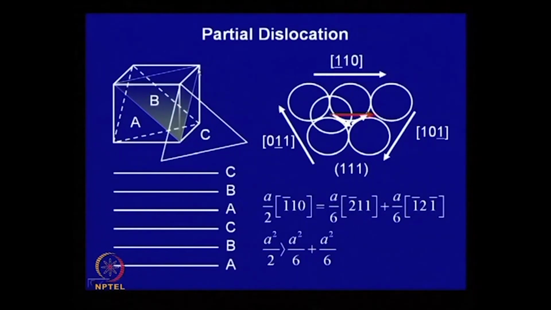So, this is the second layer, we call this layer B, and the third layer passes through this corner, which is the layer C, and this sequence is repeated A, B, C, A, B, C. Whereas, we recall that in a hexagonal structure, the sequence is A, B, A, B, A, B, or A, C, A, C, A, C.